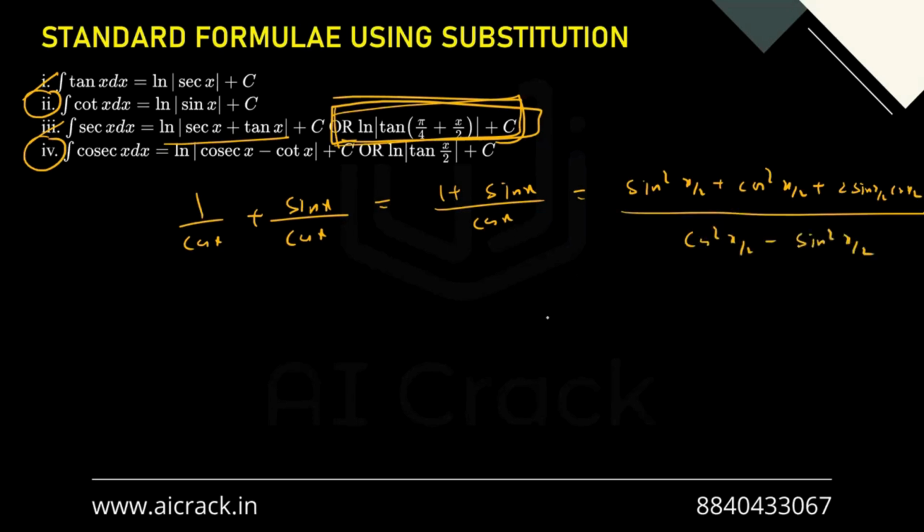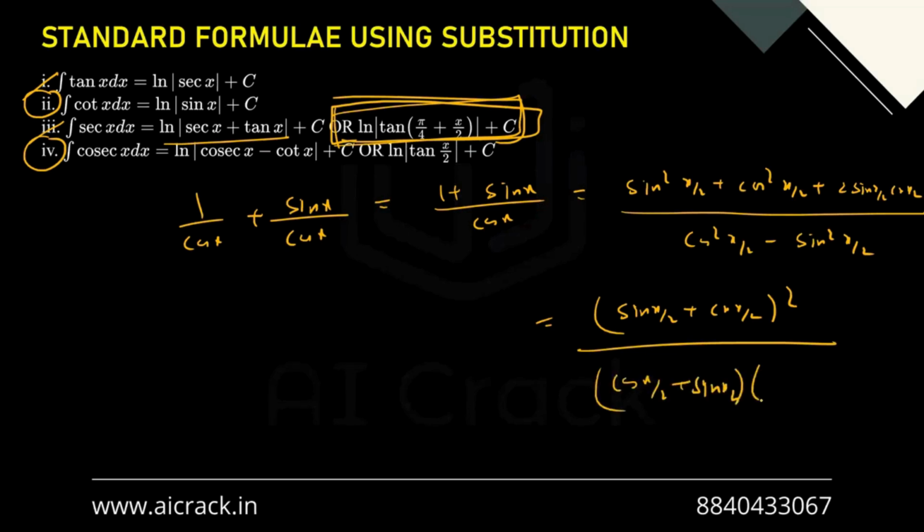Simple identities, right? Now this becomes sine x by 2 plus cos x by 2 whole square, and this becomes cos x by 2 plus sine x by 2 multiplied by cos x by 2 minus sine x by 2. Now this and this power get cancelled out.